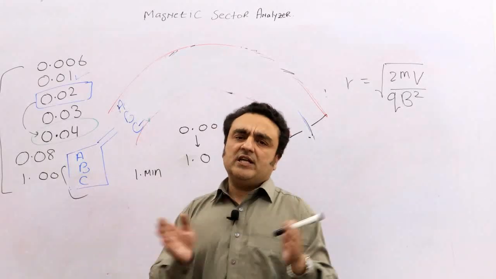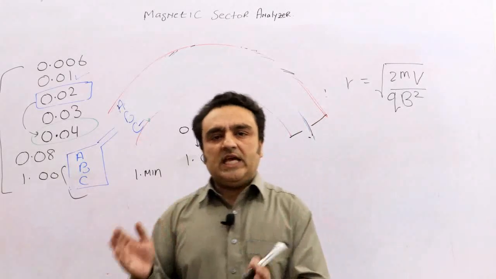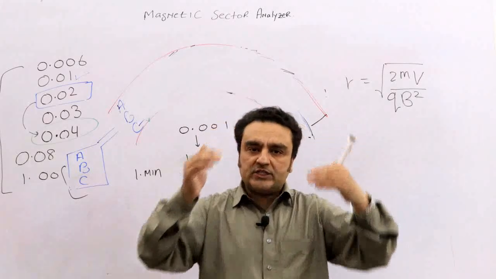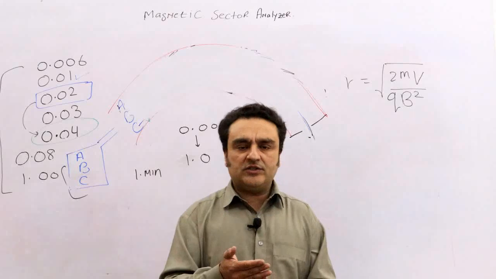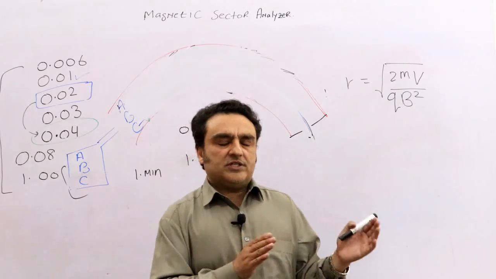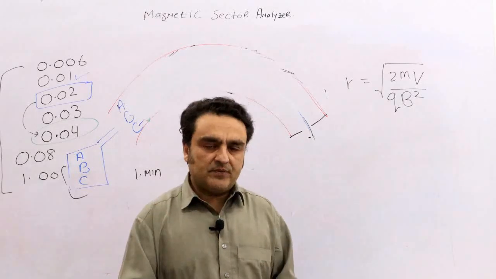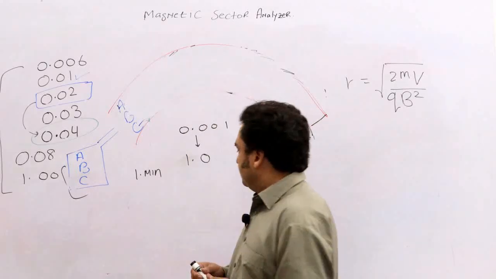The magnetic sector analyzer is okay, but its resolution is not that good. What resolution actually is, we cannot discuss right now because the time is very short, and after some time we will discuss. But let me show you.